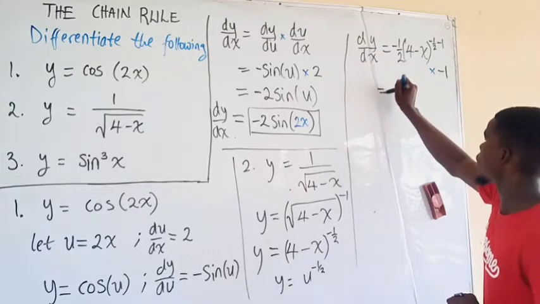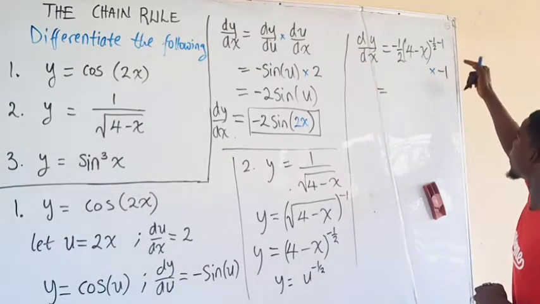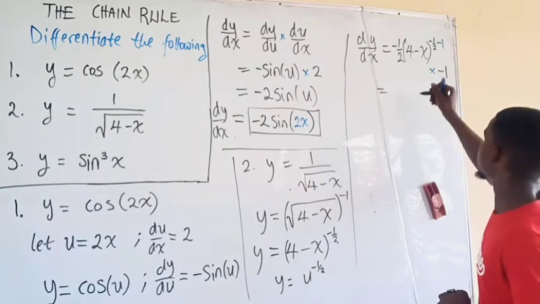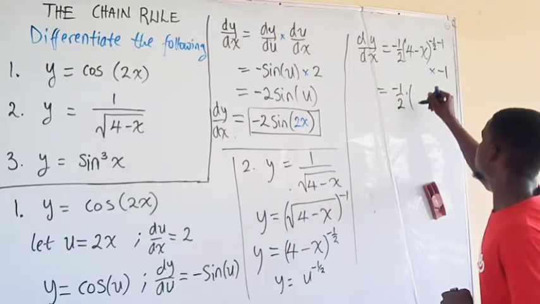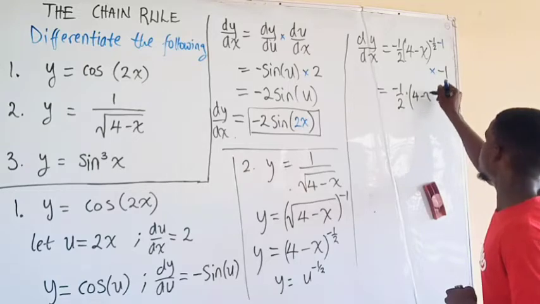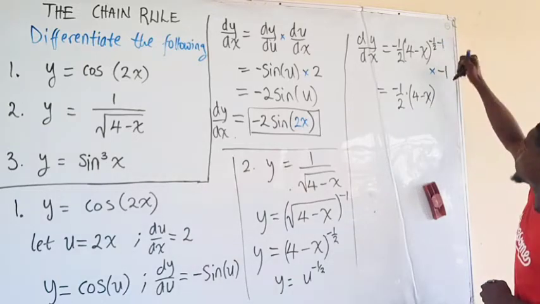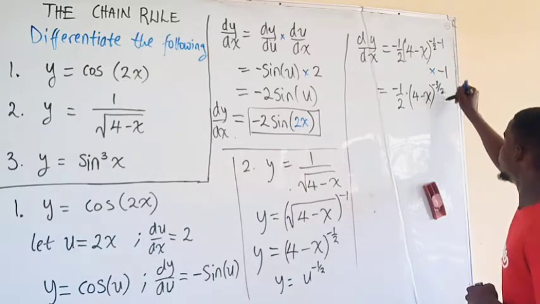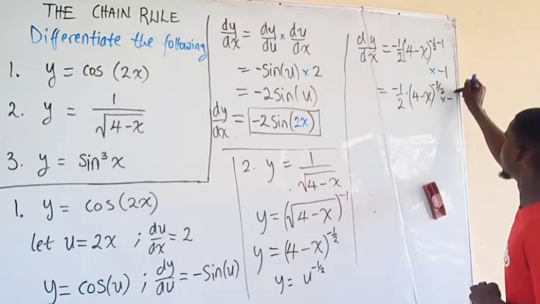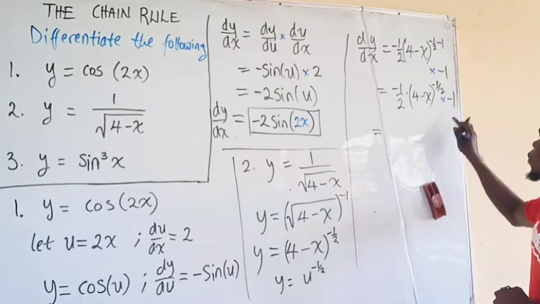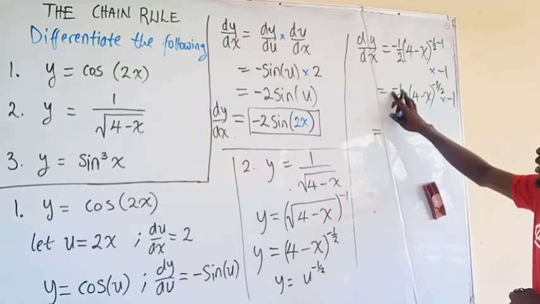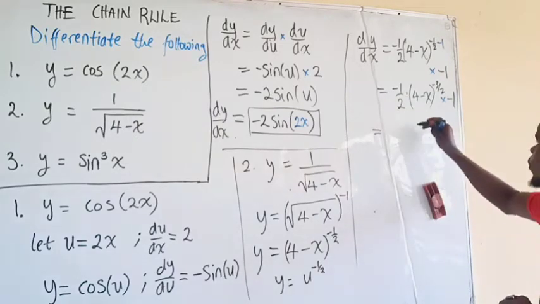Good. So if you check everything together, let me simplify things a little bit for you. Negative 1/2 times 4 minus x, now this power will give us negative 3/2, right? Times negative 1. Okay, great. And now we multiply this negative 1 with this negative 1/2. We're going to have positive of that.